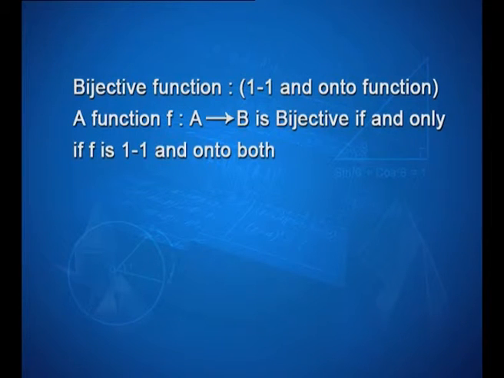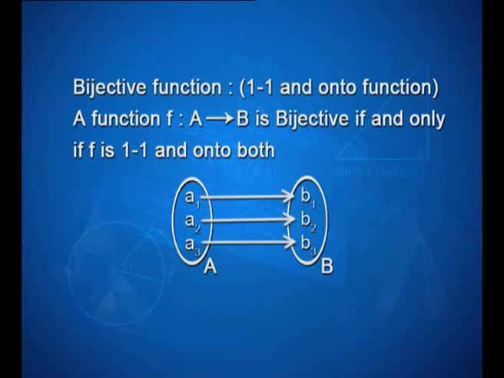Next is bijective function. We can also call it 1 and onto function. A function f from A to B is bijective if and only if f is 1 and onto both. To explain bijective function, let us take one arrow diagram. A and B are two sets. A is a set of elements a1, a2, a3. B is a set of elements b1, b2, b3. a1 is related with b1, a2 is related with b2, a3 is related with b3.